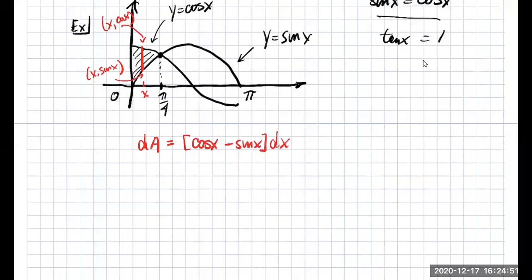The sum of all such rectangles that make up the entire region is the sum of all of those individual elements, as those elements range from x equals 0 to x equals pi over 4, and all elements in this case are given by the expression cosine minus the sine.